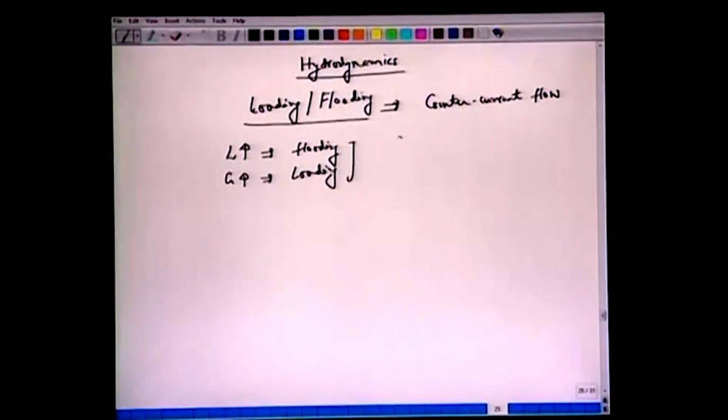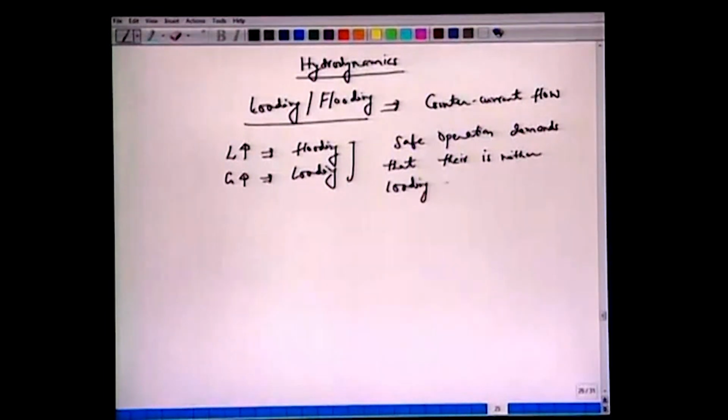And a safe operation demands that there is neither loading nor flooding of the column. Okay, so that's one thing.